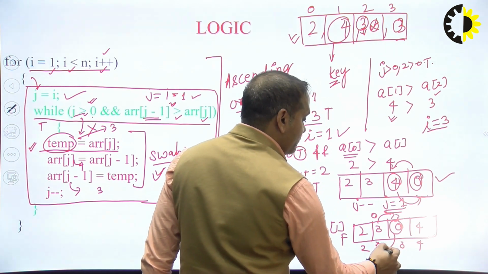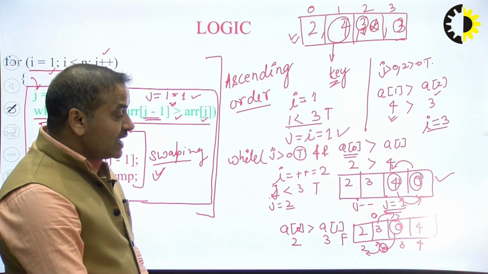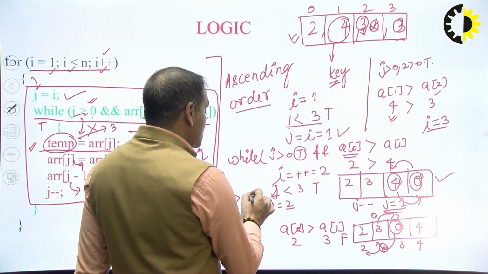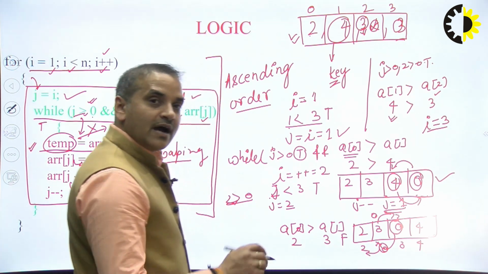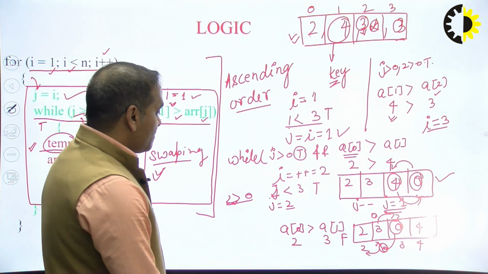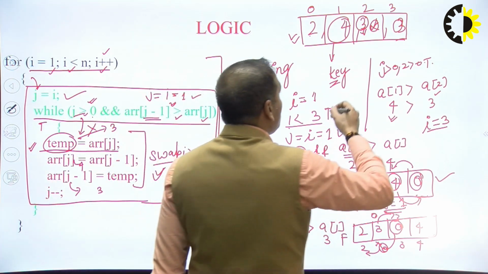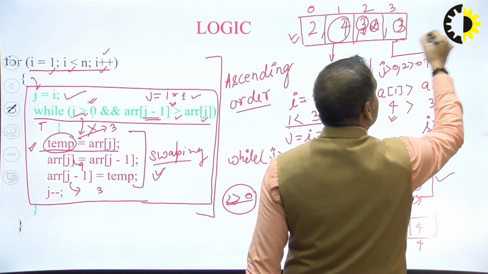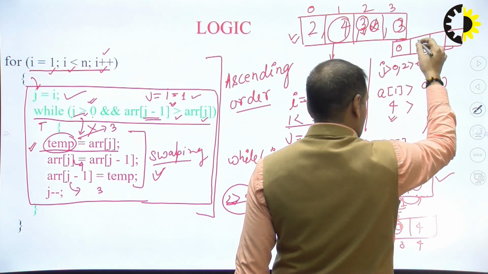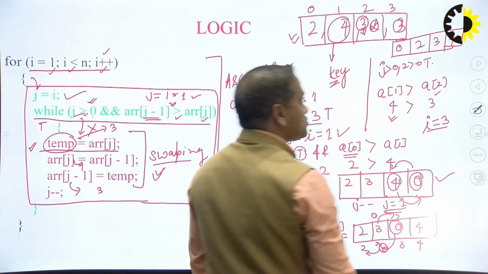Now 0 is checked with 2: is 2 greater than 0? No, the condition is false. Again the value is swapped and the output generated here is 0, 2, 3 and 4, and so on.